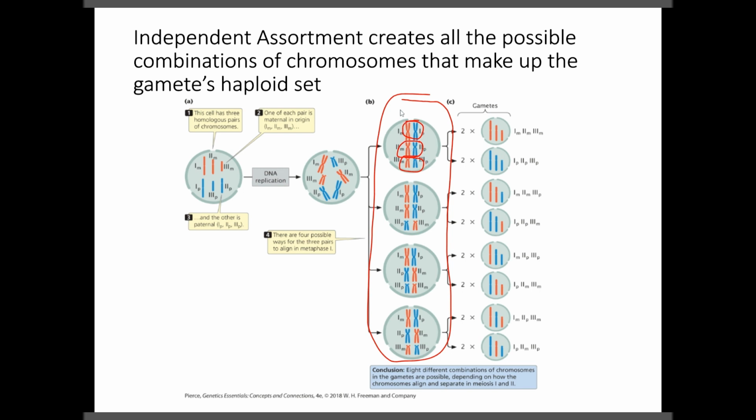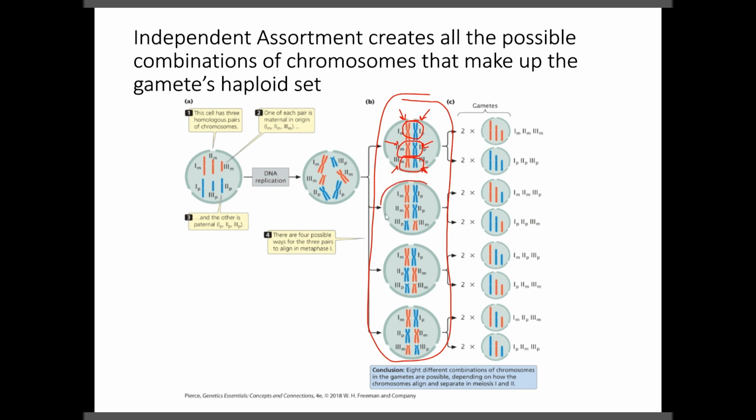So the long pair of chromosomes, when meiosis happens, it could be that the red one, and remember, these don't actually have color, but the red one could be on the left and the blue one could be on the right. And that, by coincidence, could be true of the medium pair, and it could also be true of the small pair. However, it doesn't have to be that way.